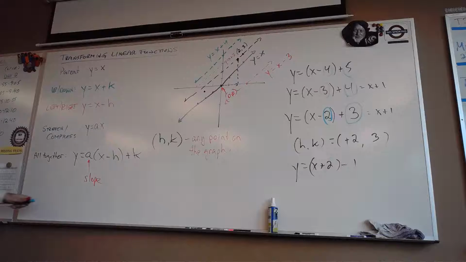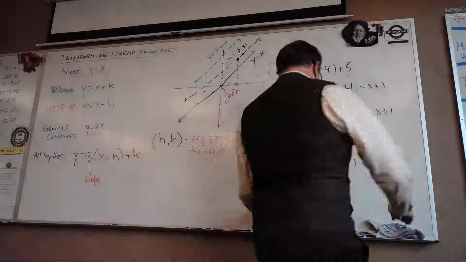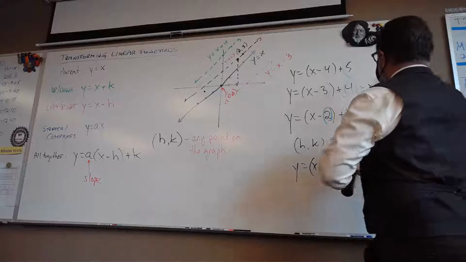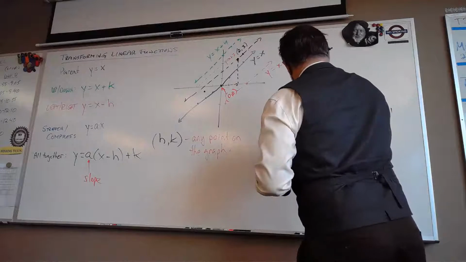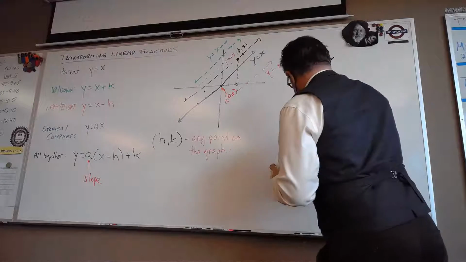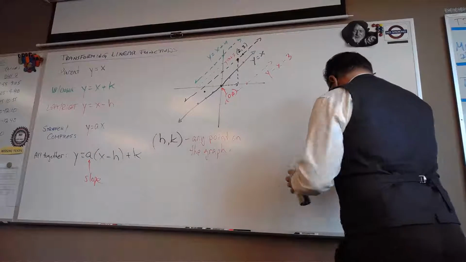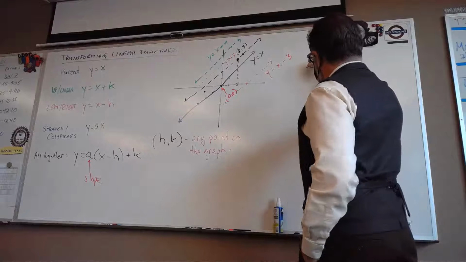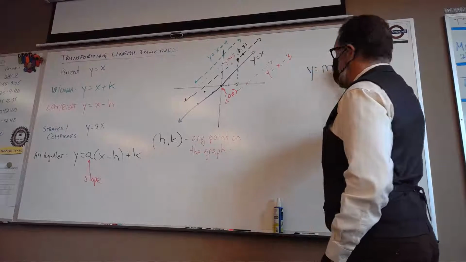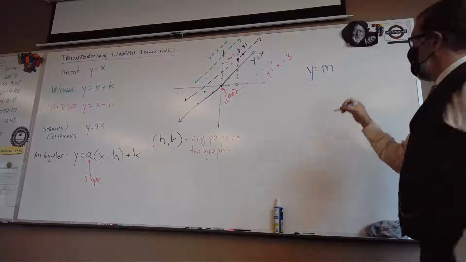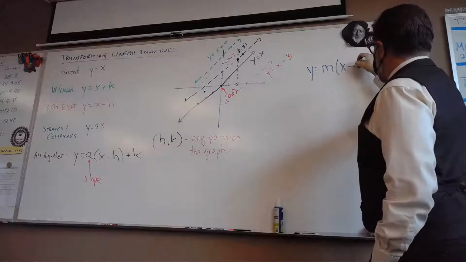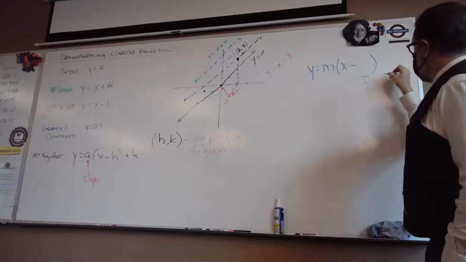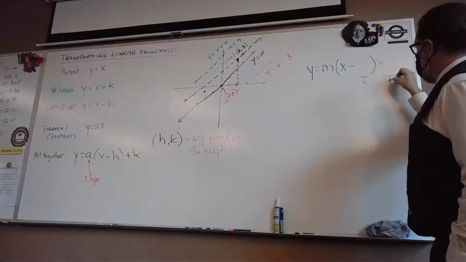So what I can do then is I can take this and very, very easily say that the transformed version is y equals m, instead of a, times x minus h, plus k.